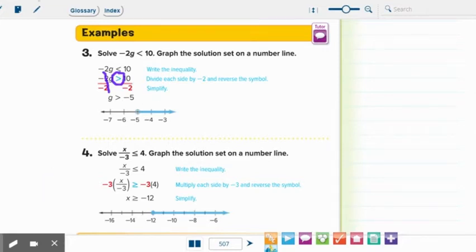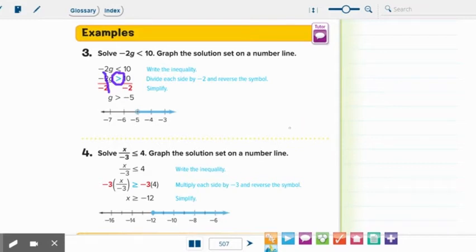This is showing the flip-flop rule. This is when you flip the inequality symbol when you multiply or divide by a negative number. In number 3, we needed to flip the inequality symbol because we divided by a negative number. As you can see, the inequality symbol matches our graph.